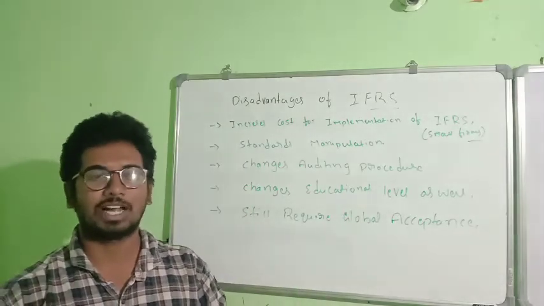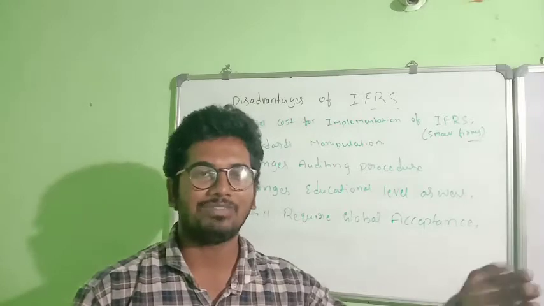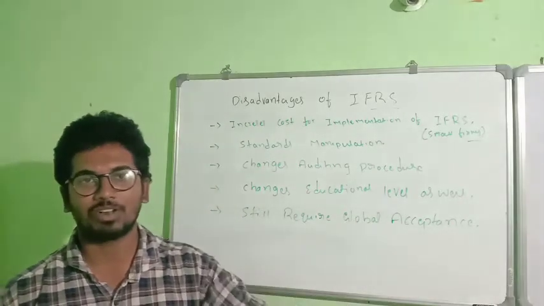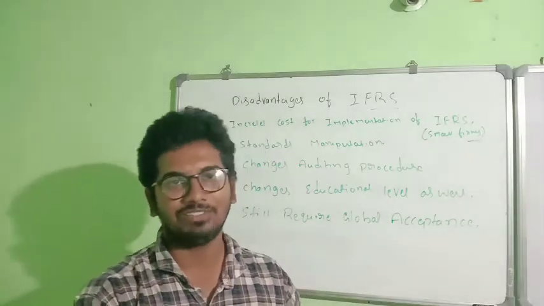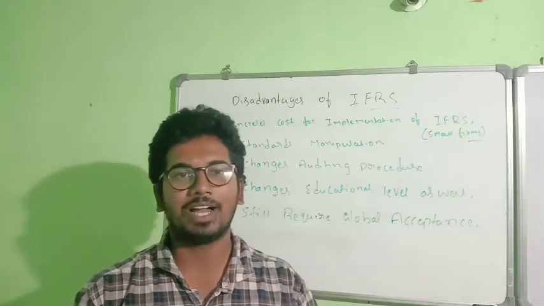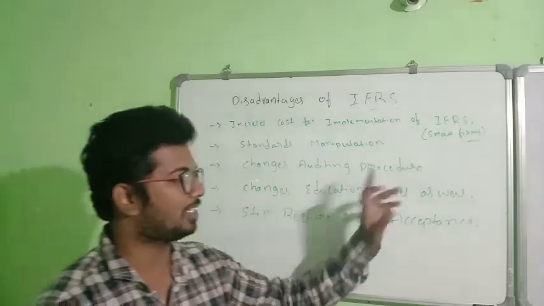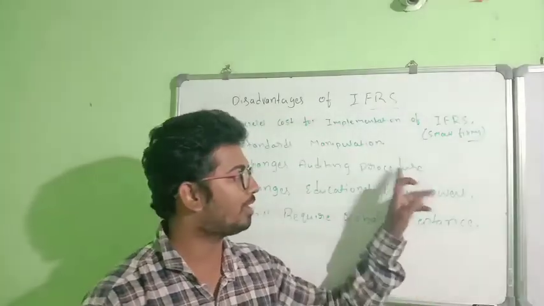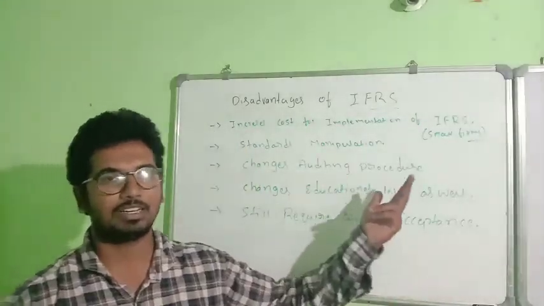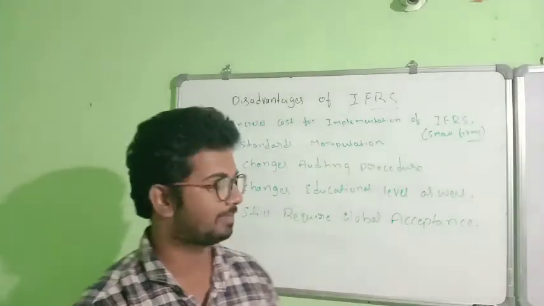Again, the system clashes: you maintain books of accounts under IFRS, but audit at the national level. Both will not match. That is what we call changes in auditing procedure at the international level. It might not be a very easy task, and it is very difficult to implement across the world.